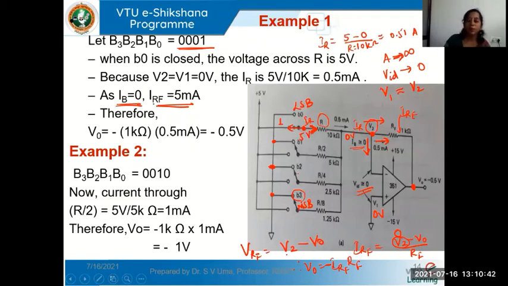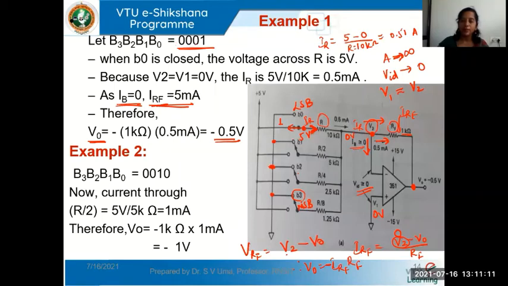We already know the value of IRF, 0.5 milliamps. We know the value of this resistance RF, 1K. So I can easily find the output voltage as current into the resistance, 0.5 milli into 1K, which will give you a voltage of minus 0.5 volts. I hope it is clear to you how we are finding the output voltage for this input condition.